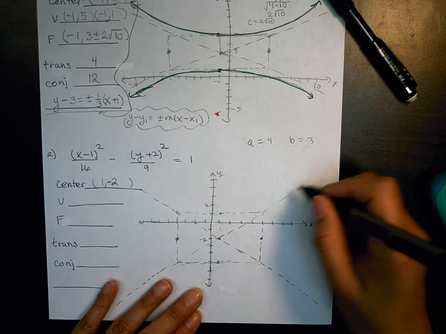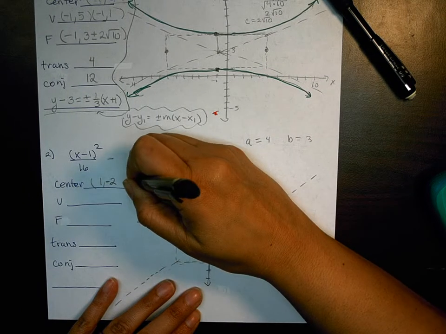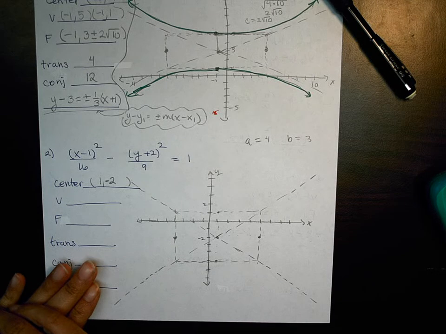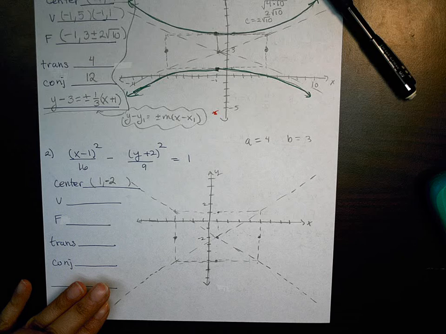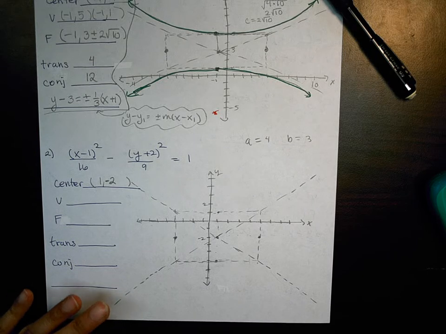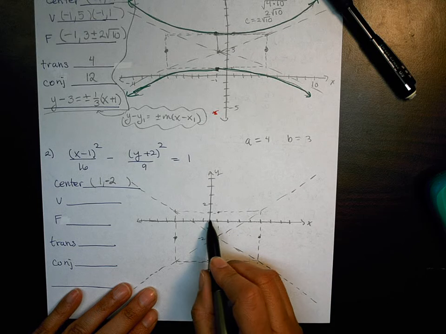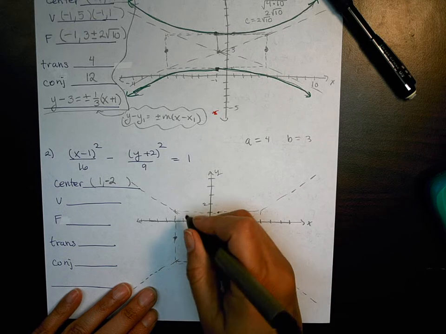My apologies. Ooh, did I mess up? Which piece? 1, 2, 3, 4. That piece? Thank you.